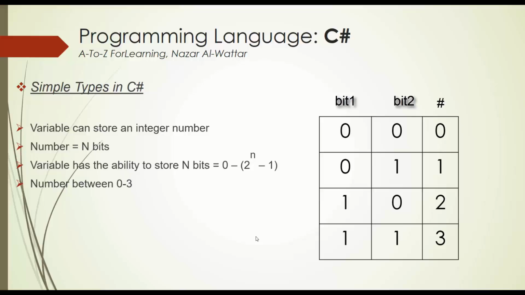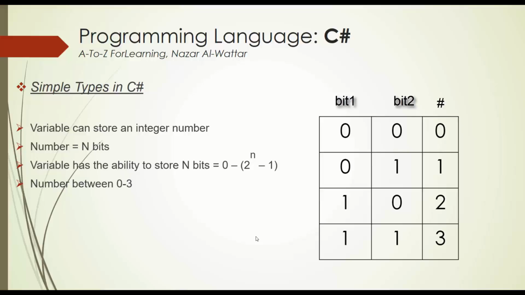So now we understand how numbers and text are represented in the memory location using bits. We need to understand how many bits we will use to represent our number or our text, and we need to choose the proper variable that can handle this number of bits.